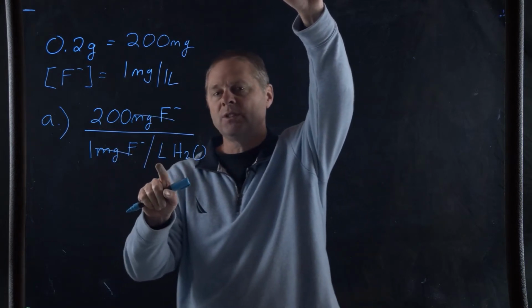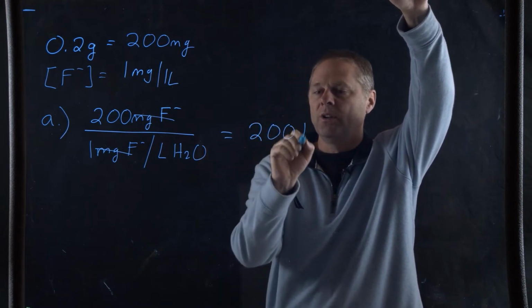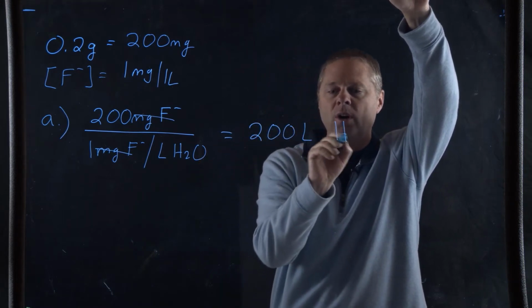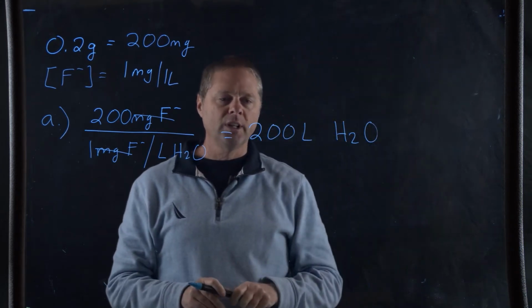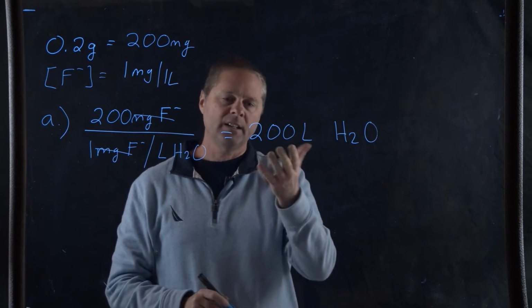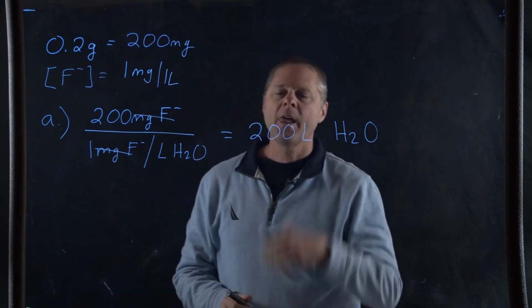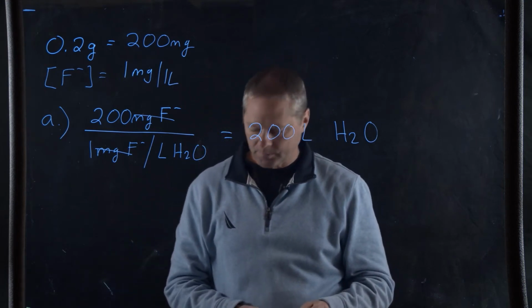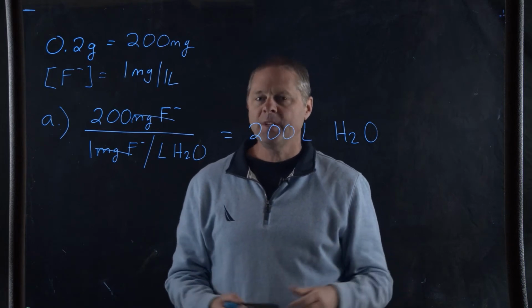We have an inverse of an inverse, and this gives us 200 liters of water. To give you an idea of the volume, we don't typically deal in liters here in the United States. There are approximately 4 liters per gallon. If you divide by 4, you come up with about 50 gallons of water.